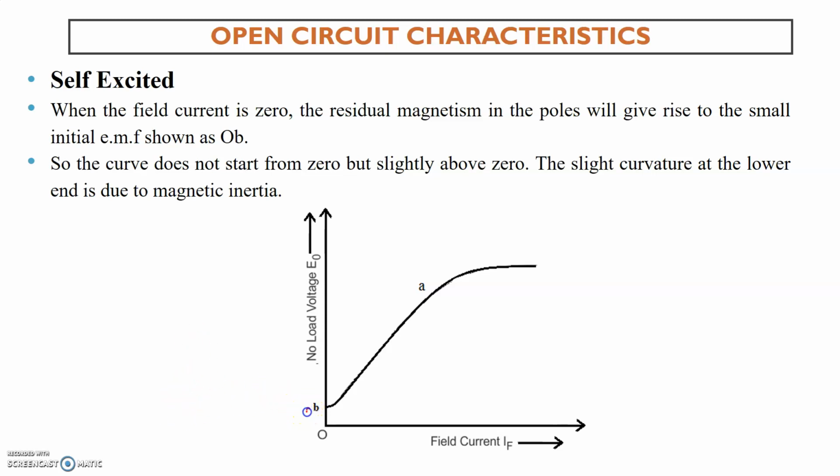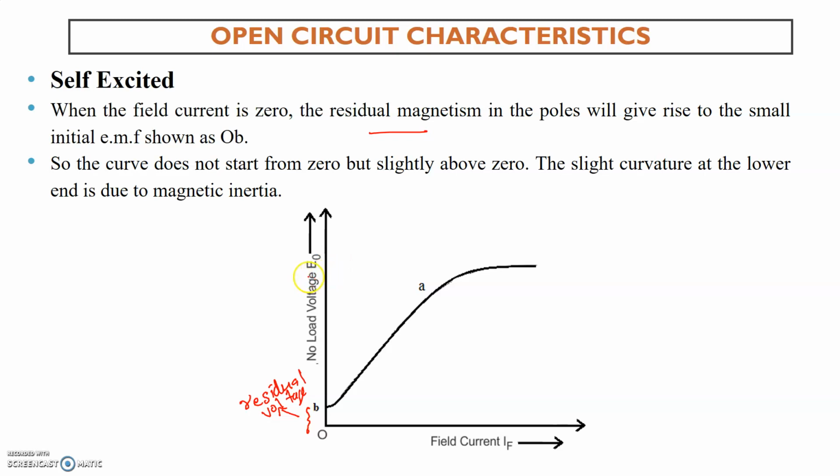This small initial voltage is known as the residual voltage. The residual magnetism means that in any magnetic material, some amount of magnetism will always be there. That small magnetism will be enough to produce a small EMF, which is called the residual EMF.